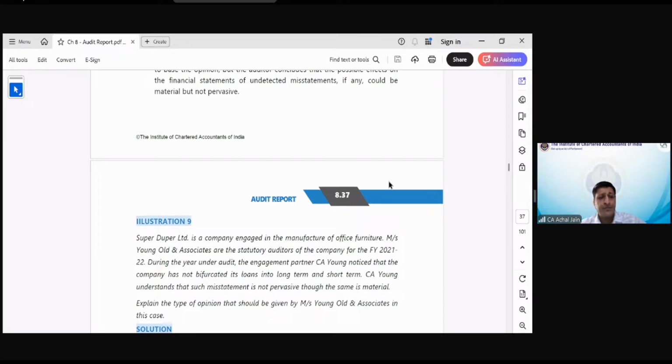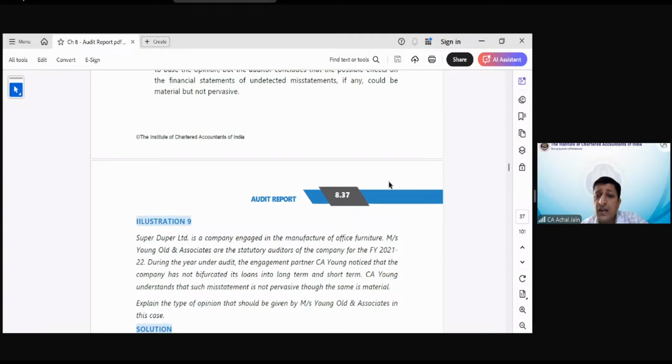Classification issue. It appears that the entire amount of loan has been shown as a single line item. Maybe the entire amount has been shown under long term, or entire amount under short term. We are not sure what they have done. But this bifurcation which is required for current and non-current has not been done.